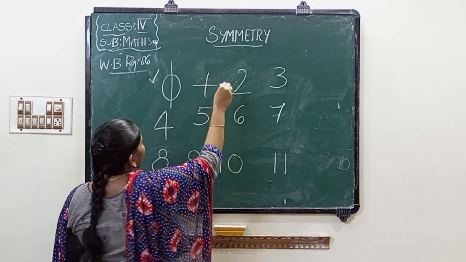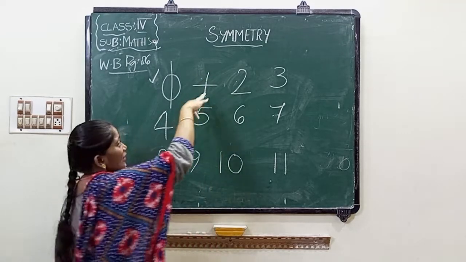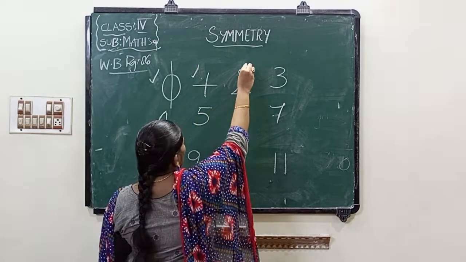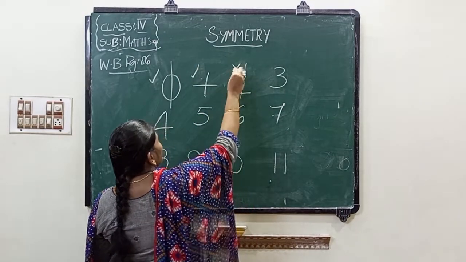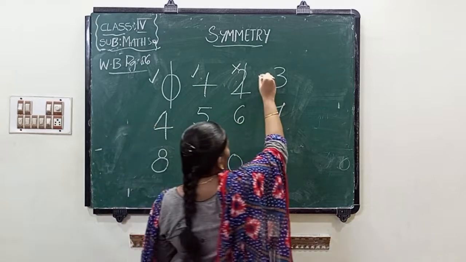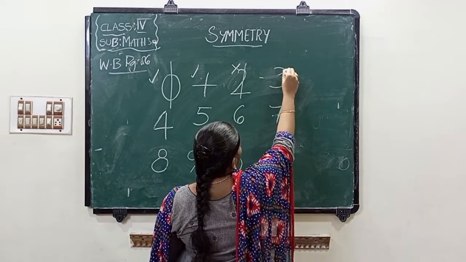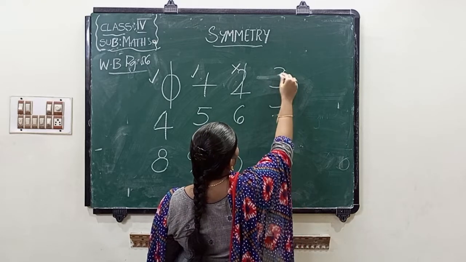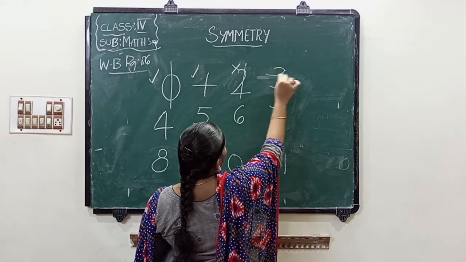Here also we can fold like this. 1 has a line of symmetry. So 1, 2. No. For 3, is it possible?